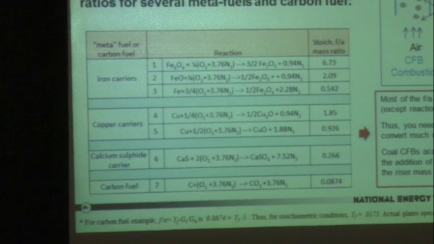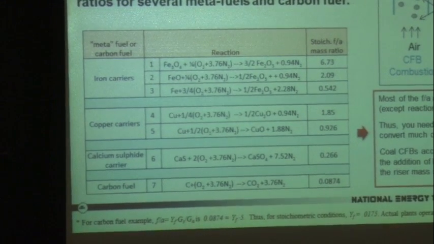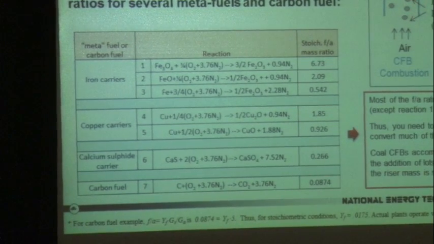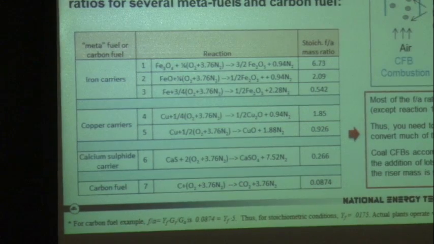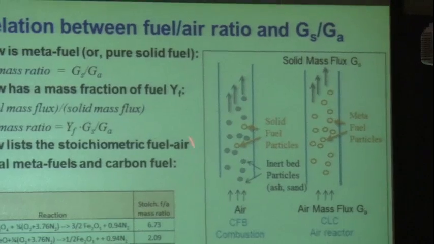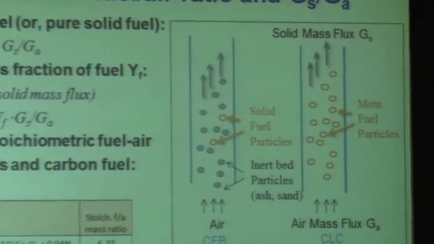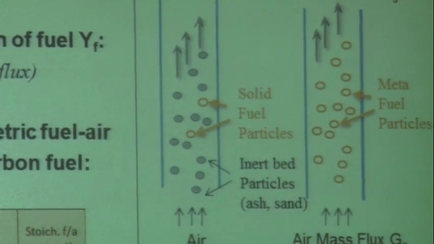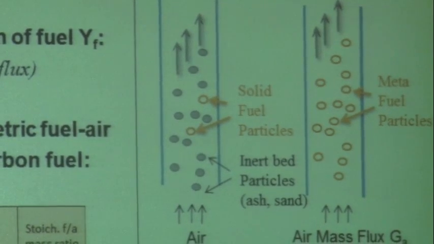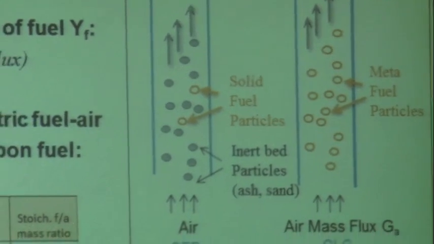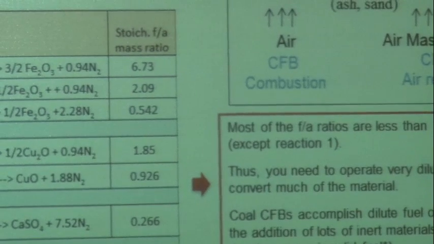So you don't need a lot of coal mass flying up that riser in a conventional CFB, and that's why most of that material going up the riser is actually inert. You get to a solids-to-air ratio of 5 in a conventional CFB because most of the solids are inert. Well, what has it got to be in a chemical looper? Look at that. To get to stoichiometric, for some of these, it's like 6 up here.